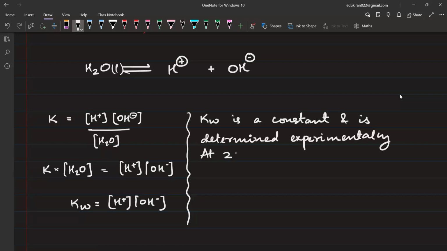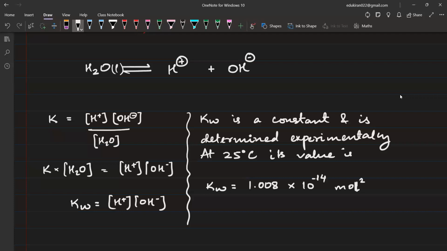At 25 degrees Celsius, Kw, इसका value है 1.008 into 10 to the power minus 14. ठीक है? And the unit is mole square liter minus 2. ठीक?